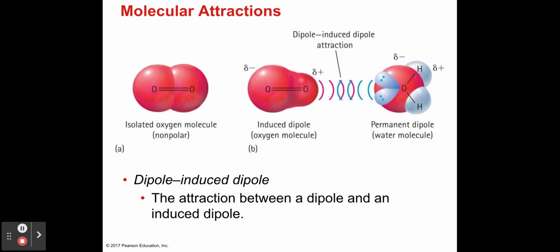These are terms that we will only go deep into when we do college chemistry. You just have to know that when we talk about dipole, it's because we have charges that are being separated or because we have uneven distribution of electrons.